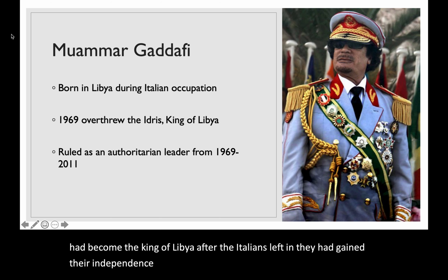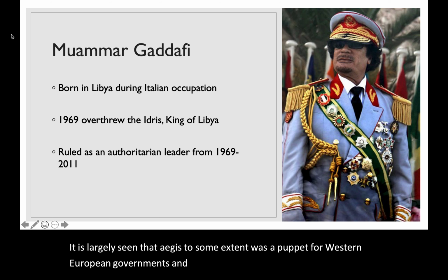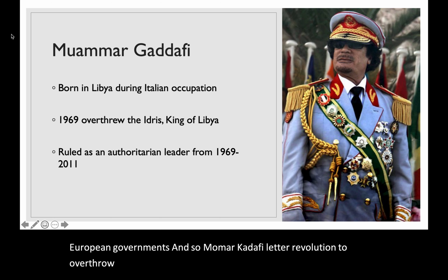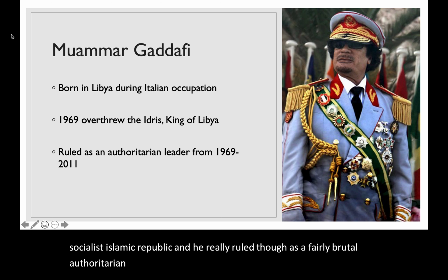It was largely seen that Idris, to some extent, was a puppet for Western European governments. So Muammar Gaddafi led a revolution to overthrow the king and install what he argued was going to be a socialist Islamic republic. He really ruled, though, as a fairly brutal authoritarian leader from 1969 until 2011.